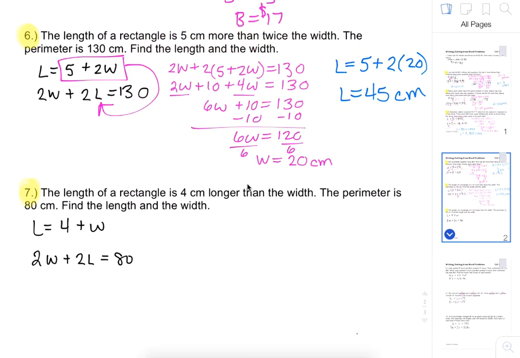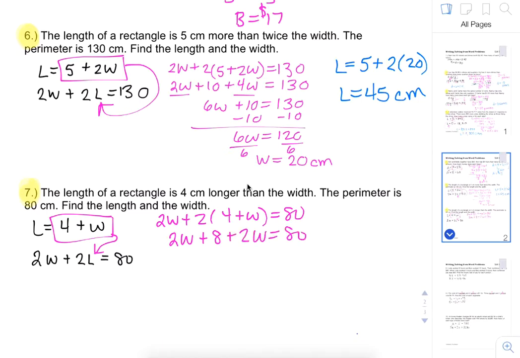I have an L equals, so it's substitution. I'm going to box it and plug it in where L is. I do need parentheses because I do have that 2 in front of the L. So 2W plus 2 parenthesis, I'm plugging in 4 plus W, and then equals 80. We're going to go ahead and distribute that 2, which gives us 8 plus 2W.